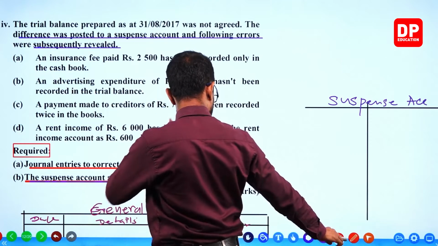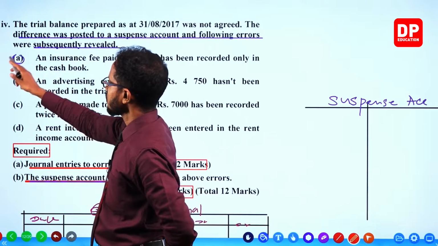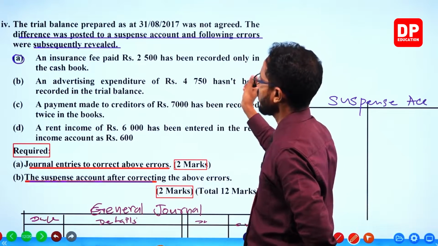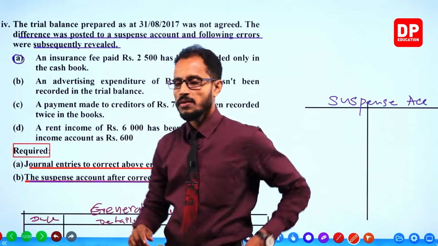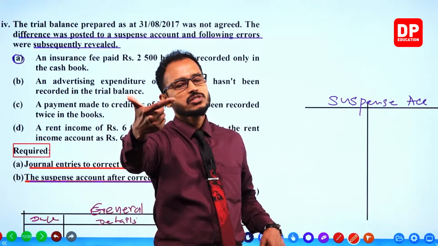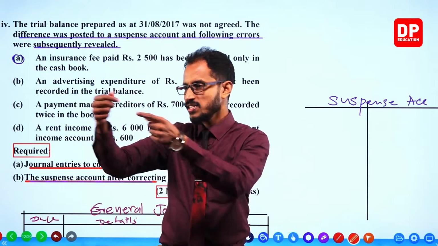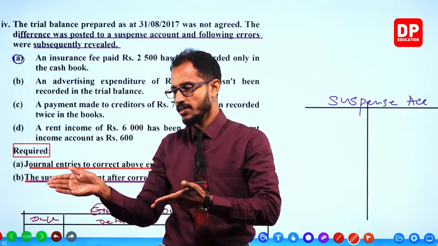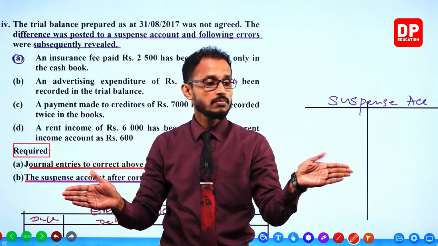First error. An insurance fee paid, 2,500, has been recorded only in the cash book. When we pay insurance or whatever the expense, cash goes out: cash account credited, and that expense account debited.